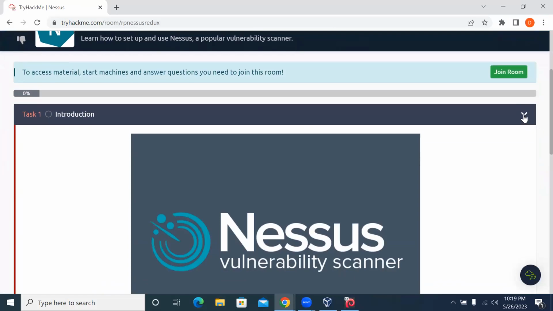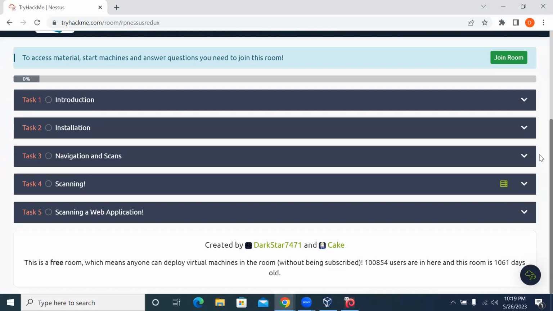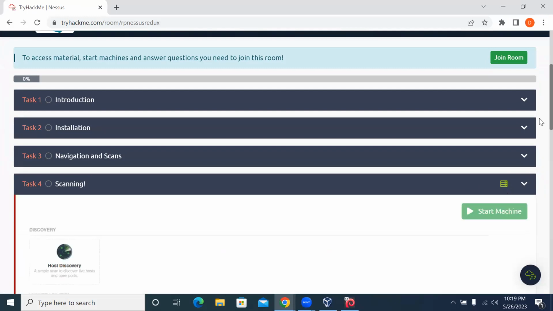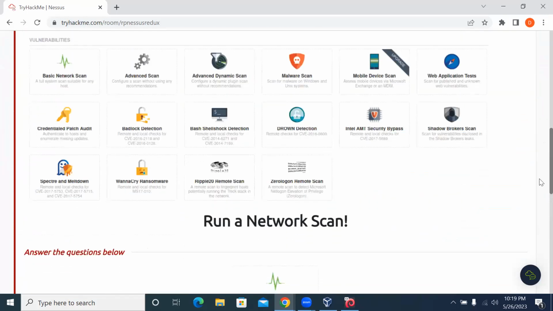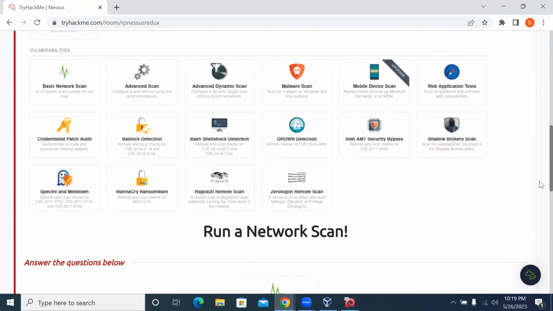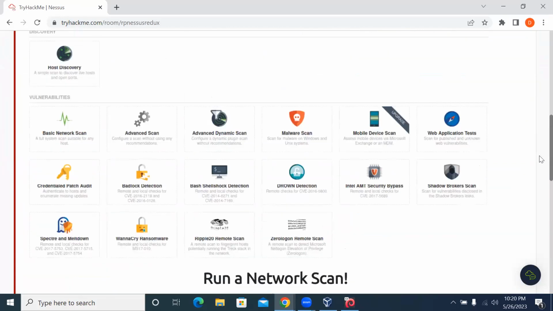There's practical training on Nessus, how to install it on Kali Linux and how to carry out your first scan. This is how Nessus looks, right? So we can even still use this for our practice.